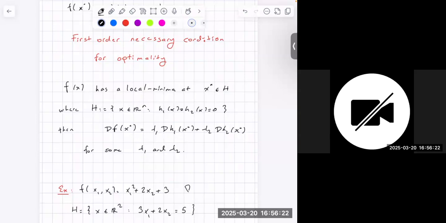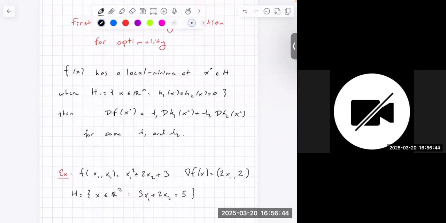Okay, so the gradient here will be this. You guys can help me. What is the derivative with respect to x1? Looks like 2x1 and x2, 2. Is this correct? Yeah. And then the equation here, I only have one equation. h1(x) turns out to be 3x1 plus 2x2 minus 5, right?